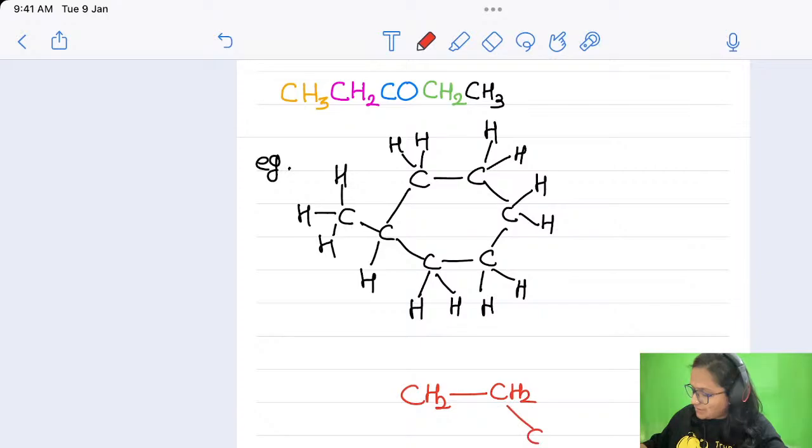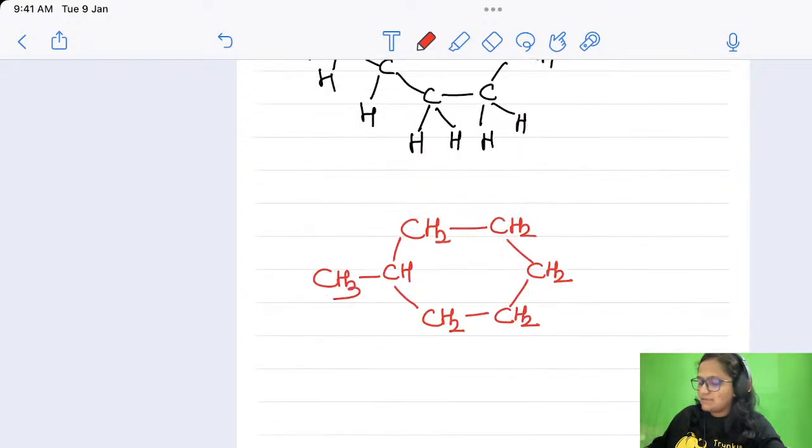Next one is also CH2. Again CH2. Then CH, CH3. So this will be the condensed structural formula for this cyclic structure.